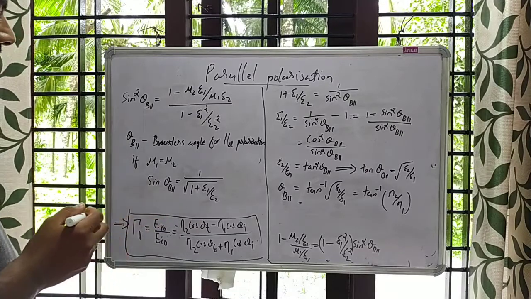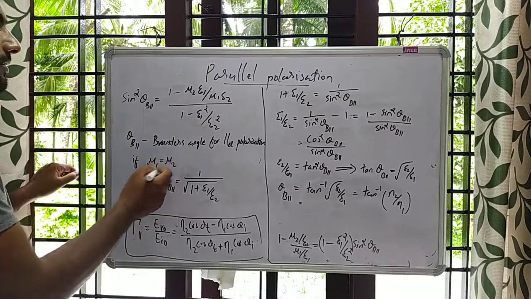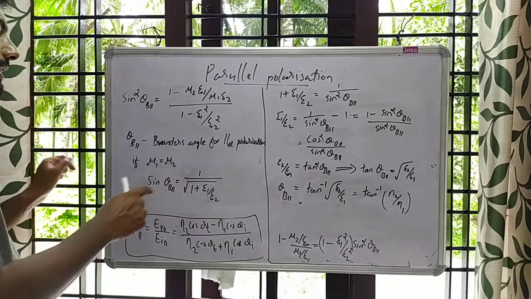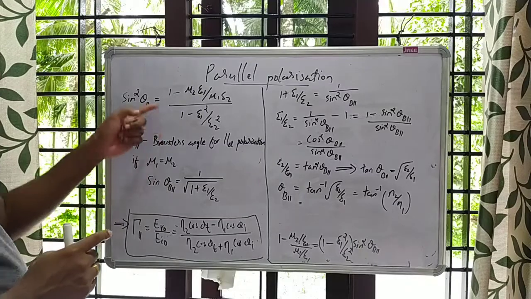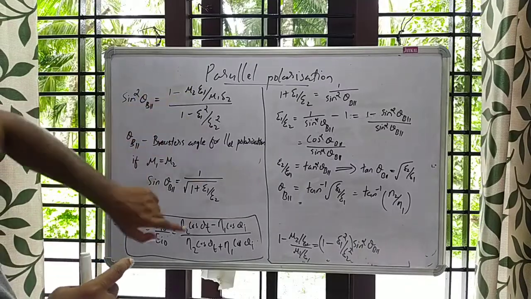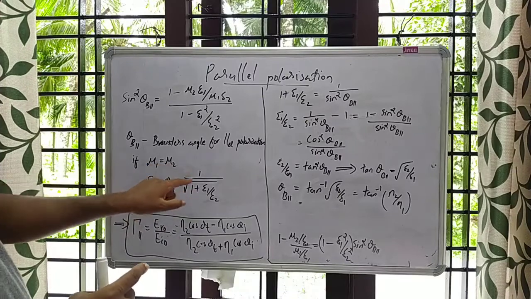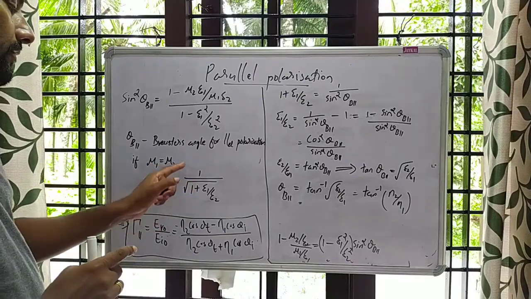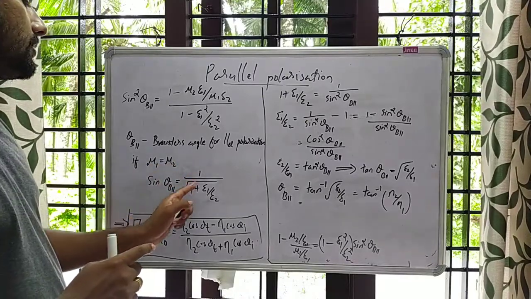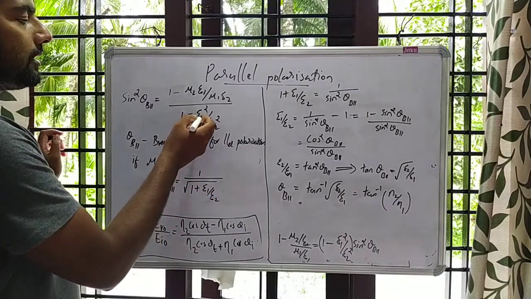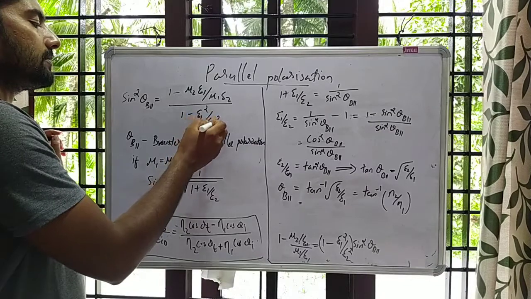If mu 1 is equal to mu 2, that means the permeabilities of both media are equal, then in this equation we will get sin square theta B parallel is equal to 1 divided by 1 minus epsilon 1 square divided by epsilon 2 square.